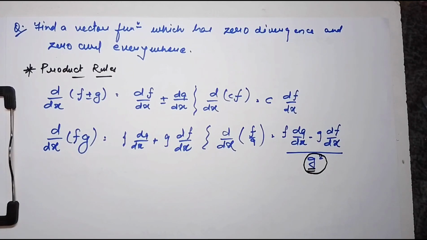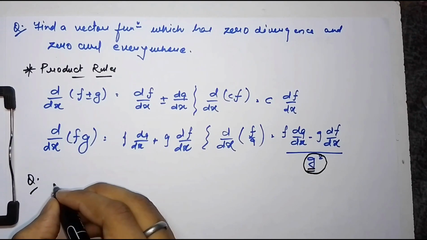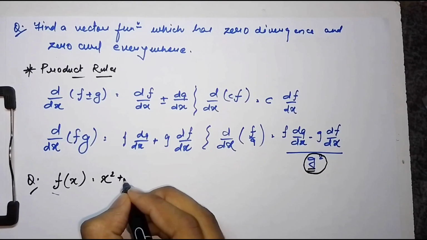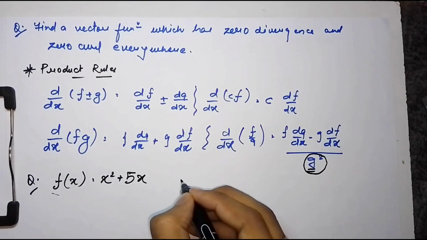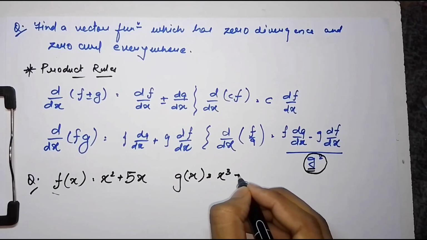Now, let me give you a simple question. Let me give you a question which says some function f(x) is equal to x square plus 5x and some function g(x) is equal to x cube plus 4.